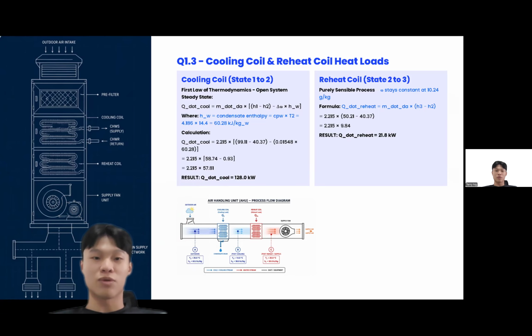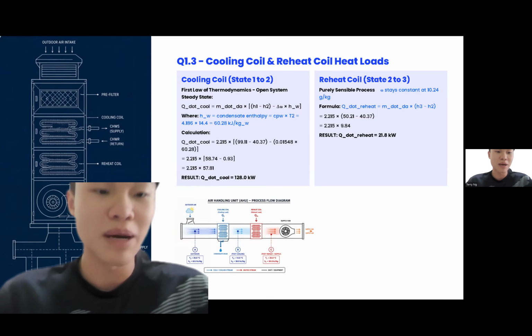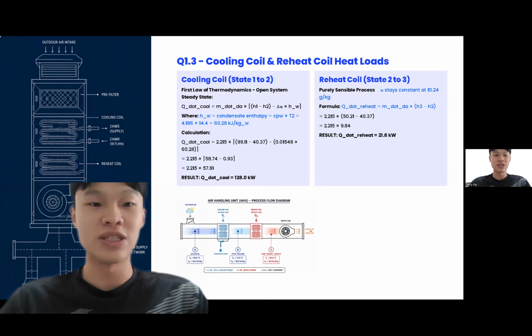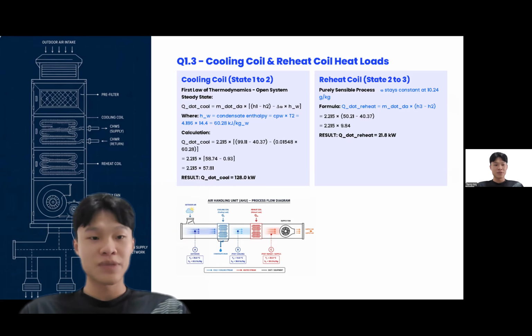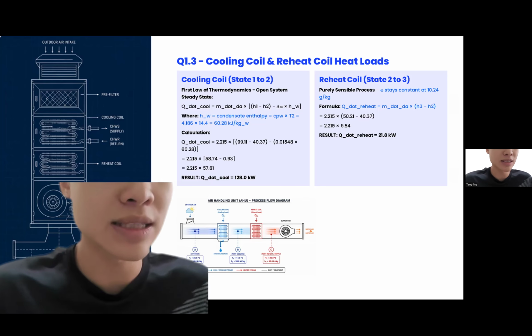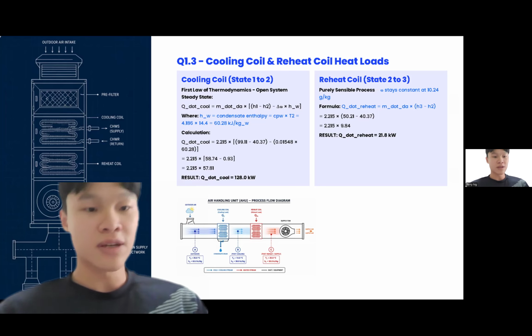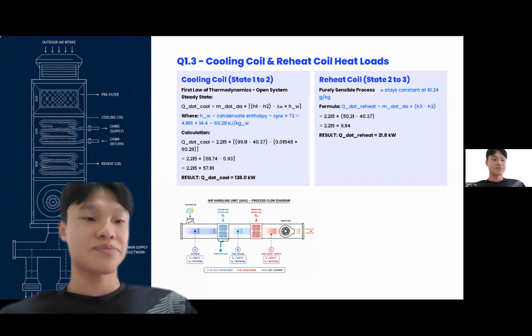Substituting in 2.215 times the bracket 58.74 minus 0.93, which is 57.81, gives the cooling load of 128.0 kilowatts. I kept the condensate correction term for rigor. It's small at 0.93, but it's physically correct.